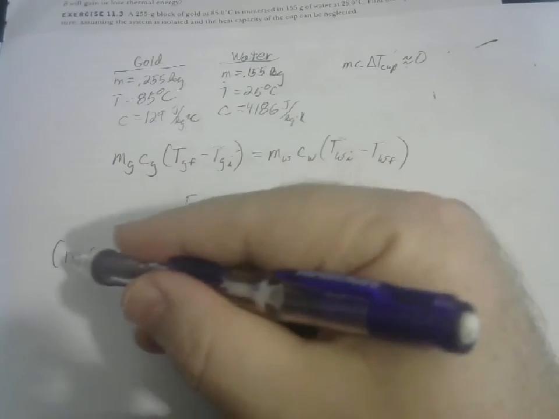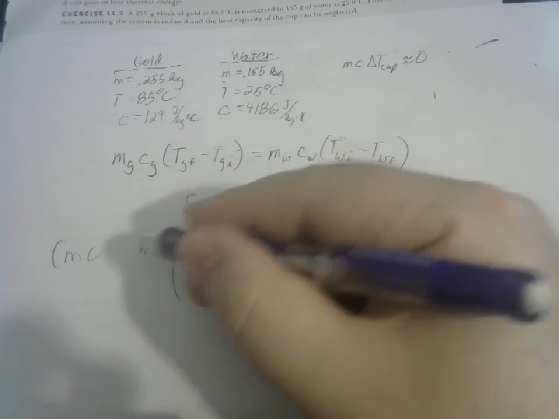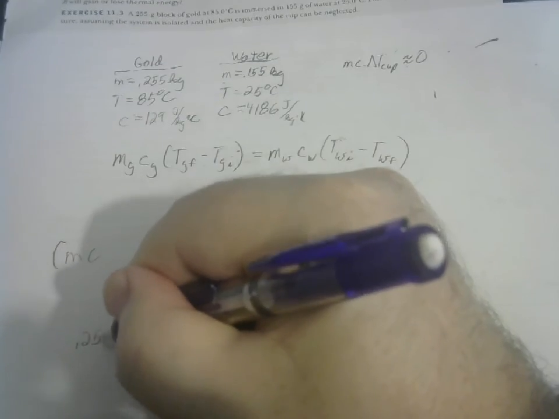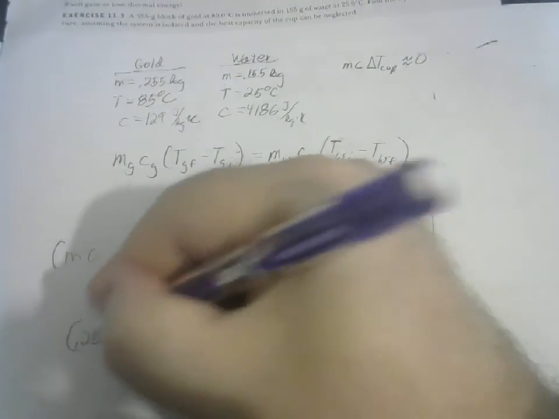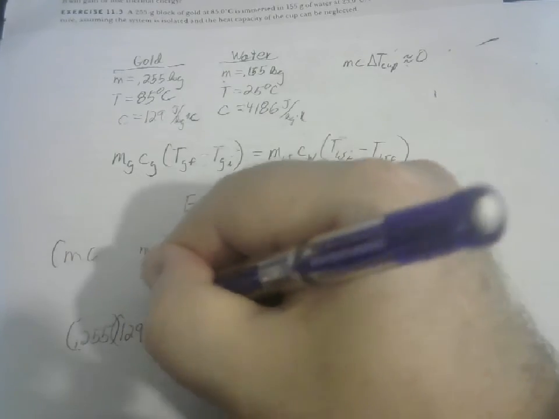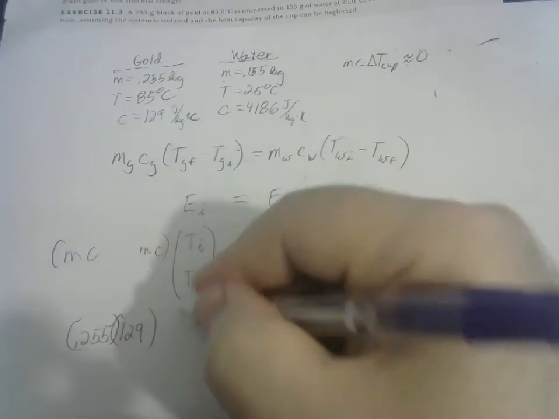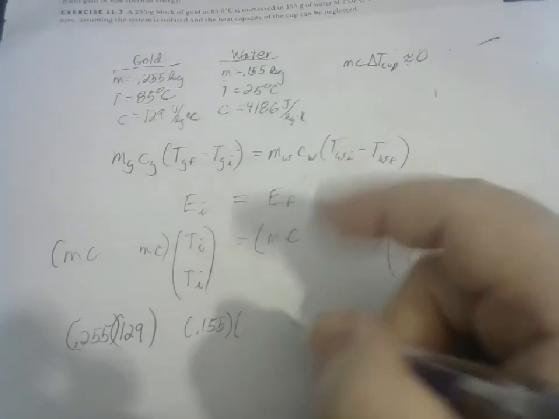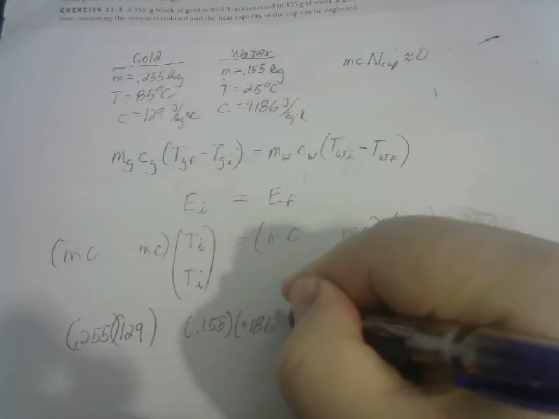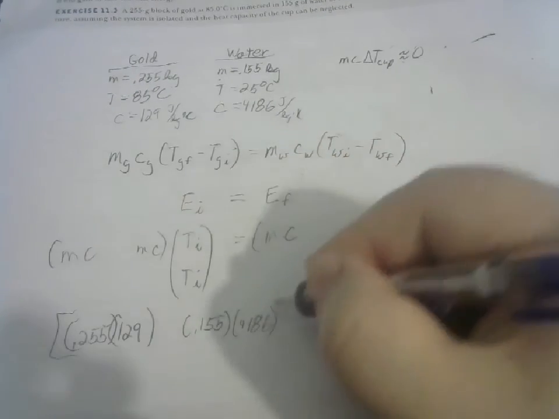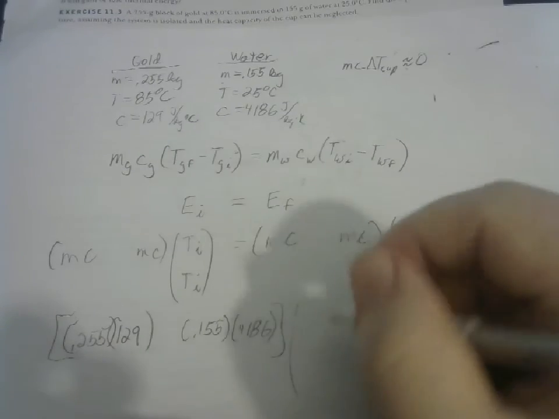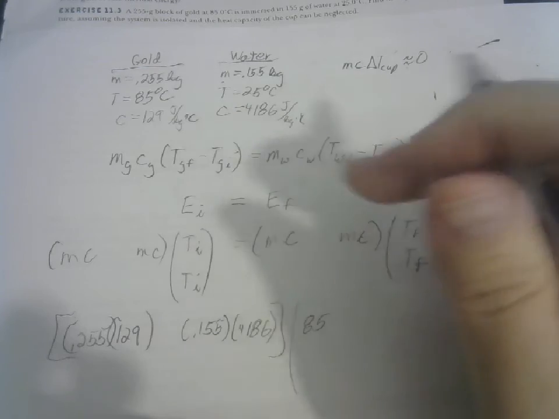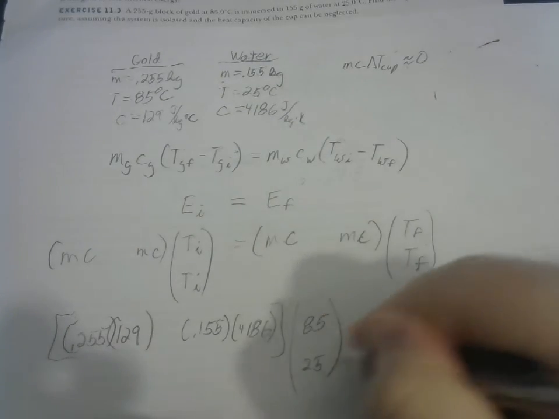The left-hand side with MC times T initial is going to be 0.255 times 129, and then we'll use the same thing with water, 0.155 times C is 4,186, and that will be our first coefficients, and then the T initials are 85 degrees, and the other one is 25 degrees.